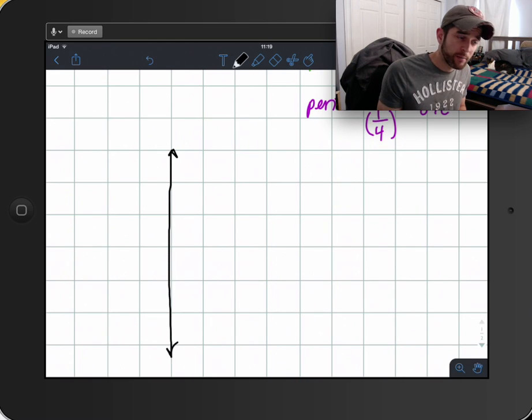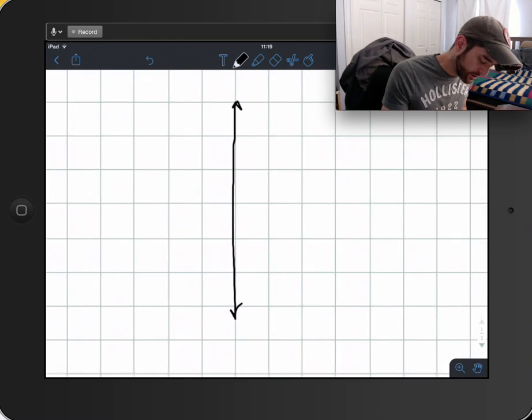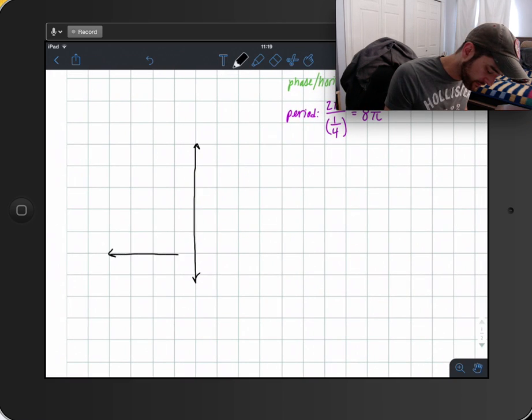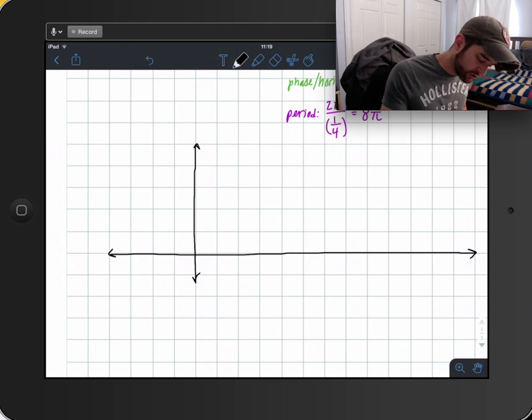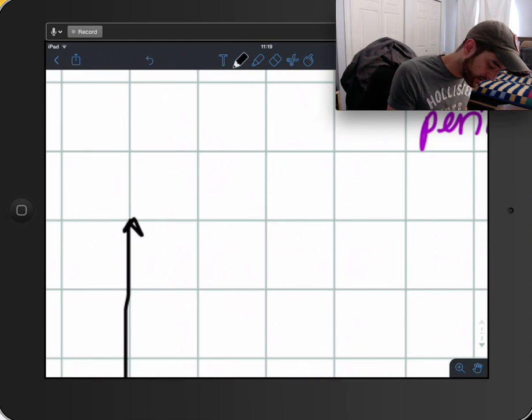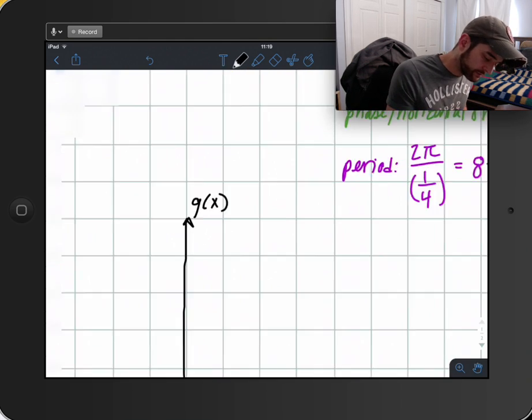Usually I like to go by pi over 6s, but in this case we're going to go by different units. And we have x, and we have g of x.